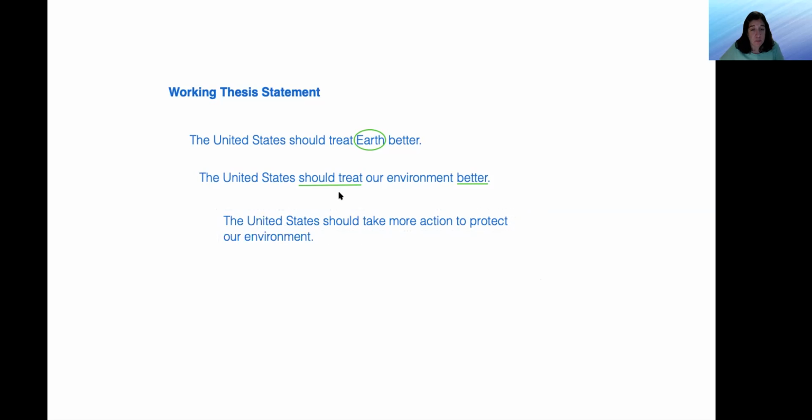So that's a little bit clearer than treating better. It's saying a bit more specifically, we need to take action.